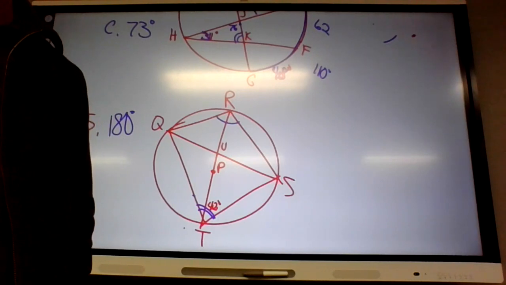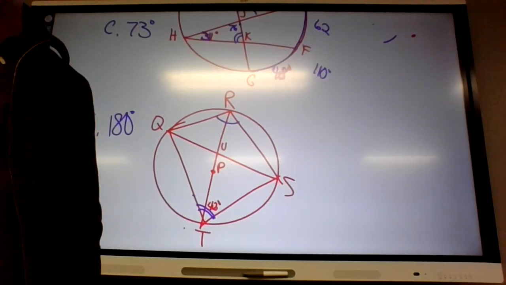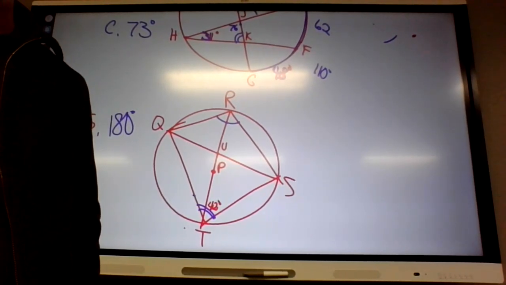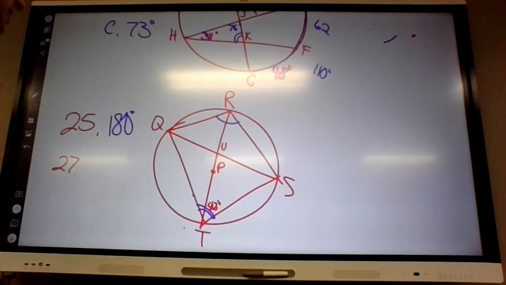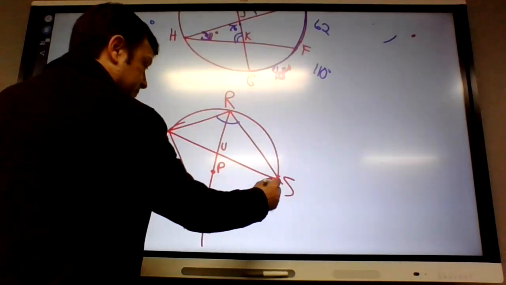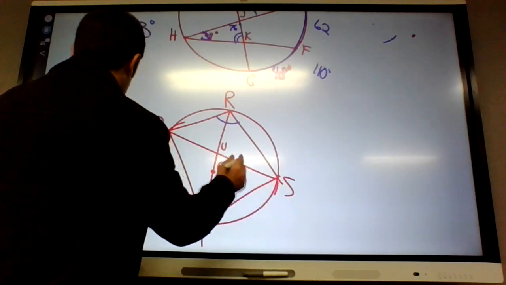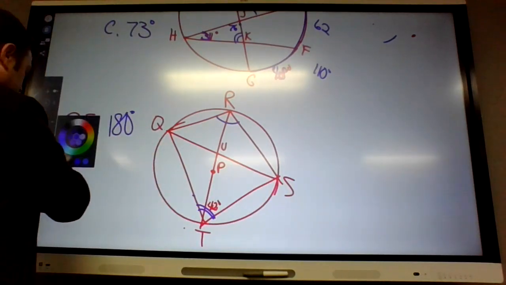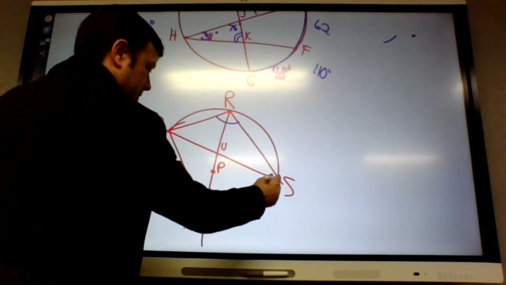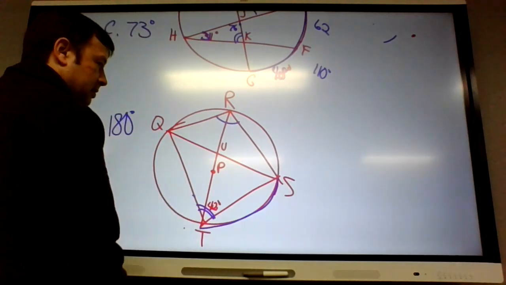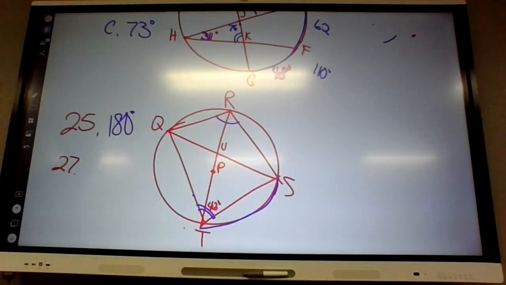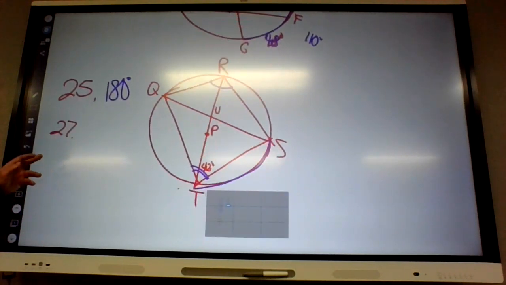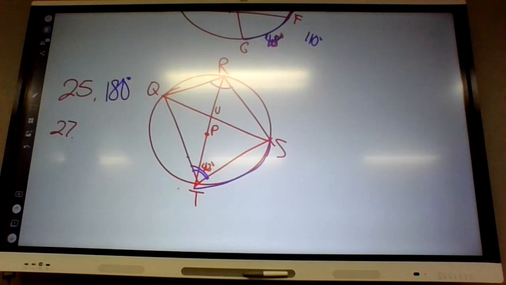Okay, 27. Arc ST and SQT. They're not giving us any numbers on this one, besides the 42. So arc ST. This one might fool us because we haven't used the trick yet. I did mention it at the beginning though.